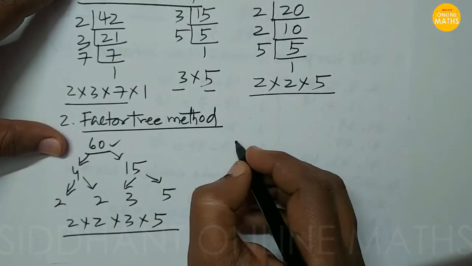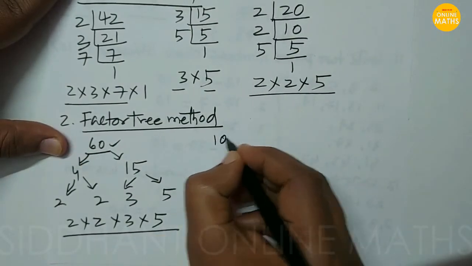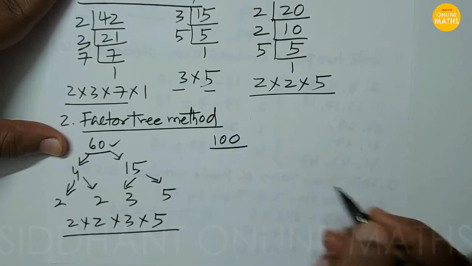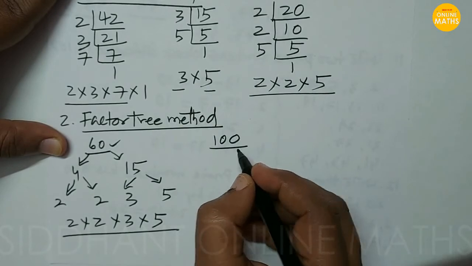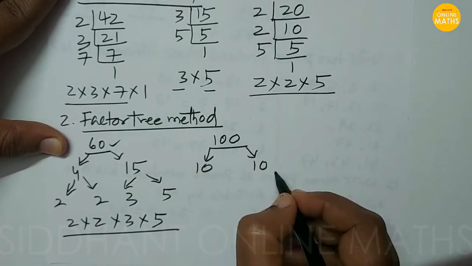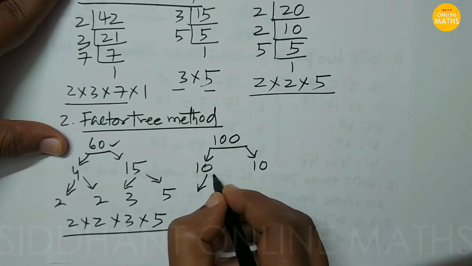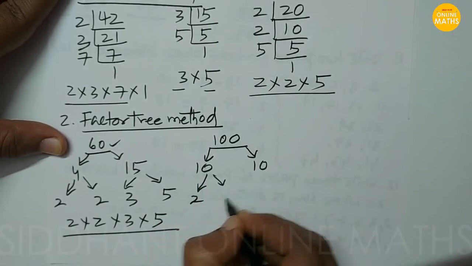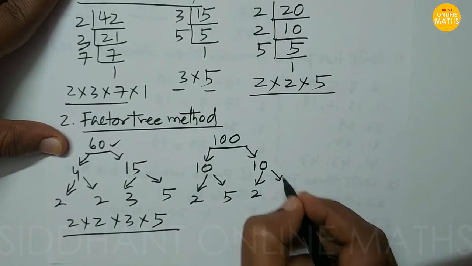Now you take any other number, like 100. You want to find the prime factorization of 100. So 100 can be written as 10 into 10. 10 is a composite number. 10 can be written as 2 into 5, and the other 10 can also be written as 2 into 5.